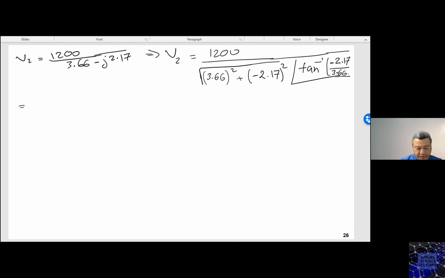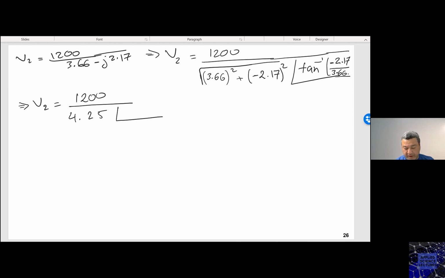So V2 equals square root of 3.66 squared plus 2.17 squared, which is 4.25.